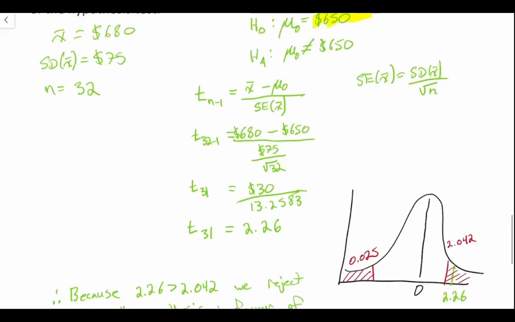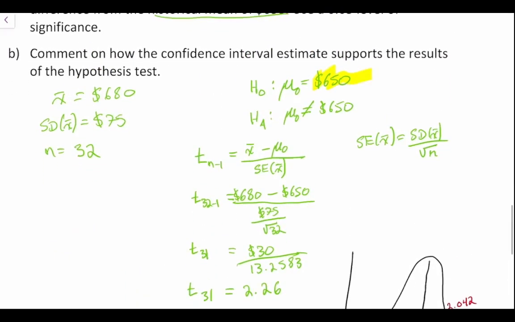Right? So simply we're saying that our null hypothesis that the mean was equal to $650, we are rejecting that null hypothesis in favor of the alternative hypothesis that says the mean does not equal $650.